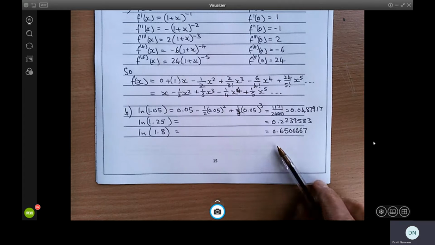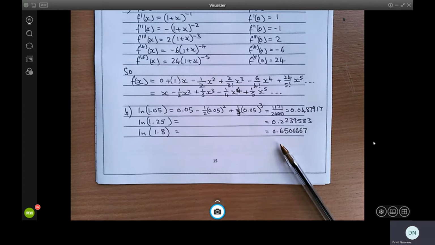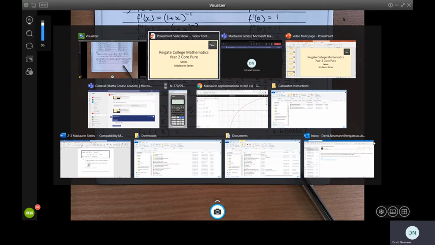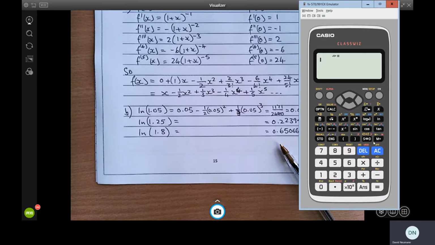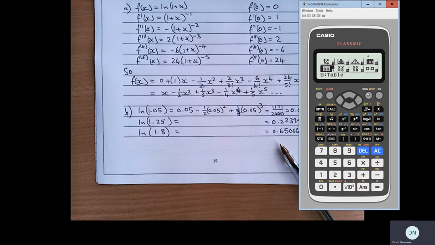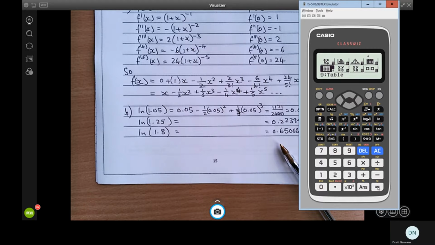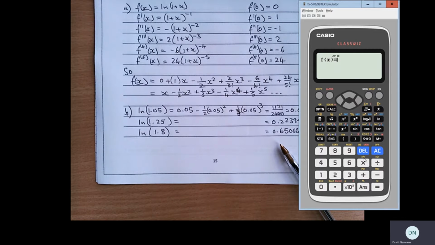What I do just want to show you is a relatively quick way to do that on the calculator. So what we can do is go menu and go down to table and select that. We can define our function. So we want our function to be the first 3 terms of that Maclaurin series expansion.